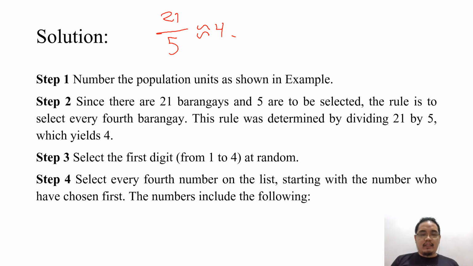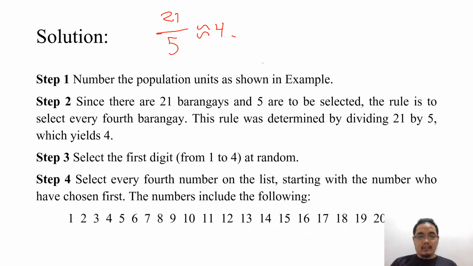Okay, and then last, every fourth number on the list, starting with the number you have chosen first, the numbers include the following. Okay, so yan yung mga numbers. Diba? So, you start with a random number from 1 to 4. Okay, so let's say napili ko 2.